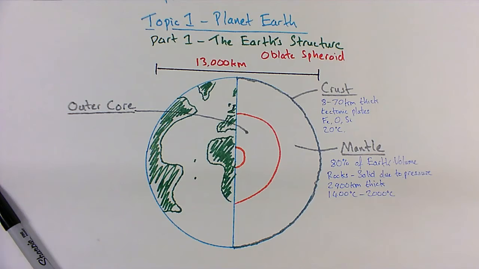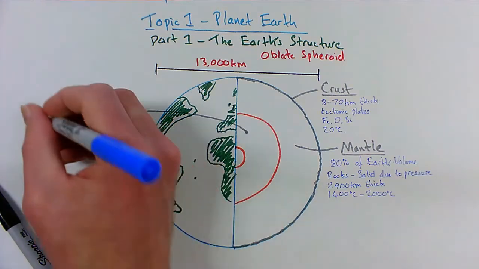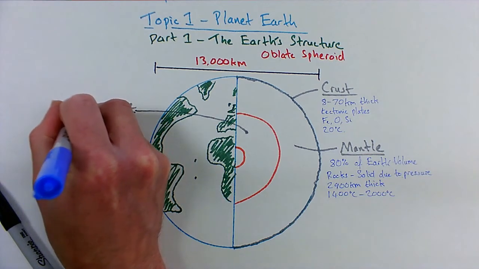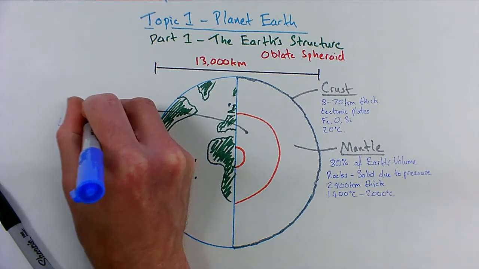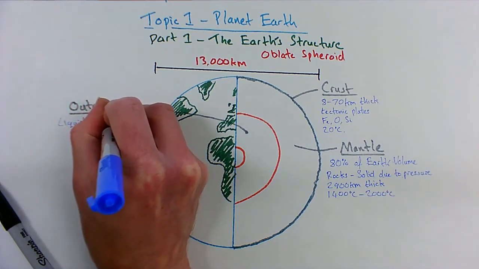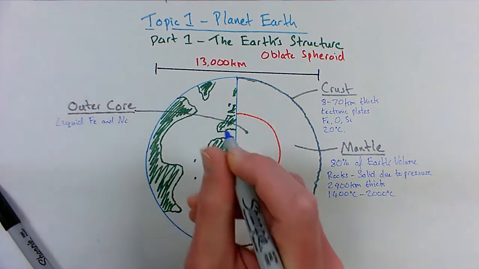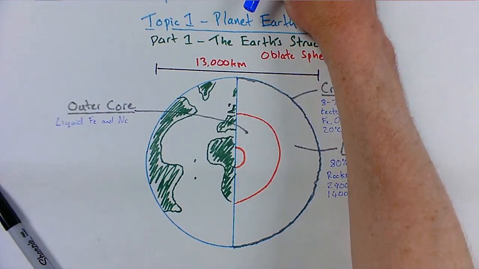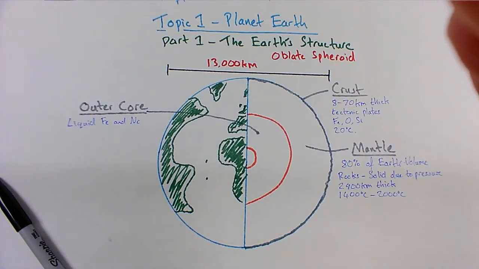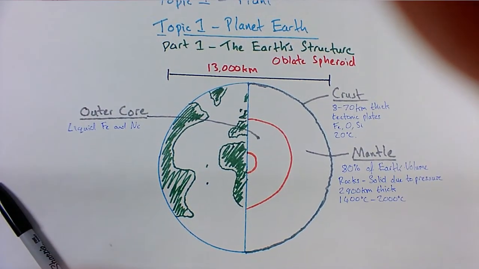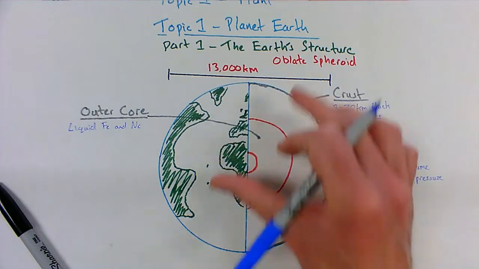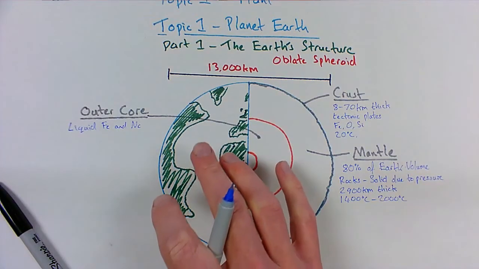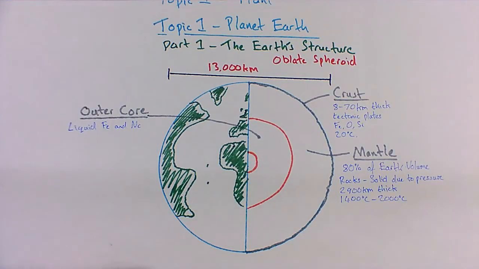The outer core is liquid iron and nickel, and they're what cause the Earth's magnetic field. This flowing of liquid iron and nickel causes the Earth's magnetic field, and in later topics you'll understand the huge benefits of the Earth's magnetic field to us.